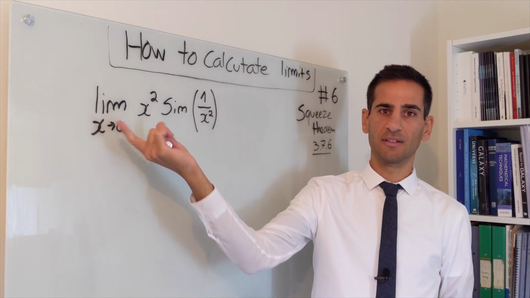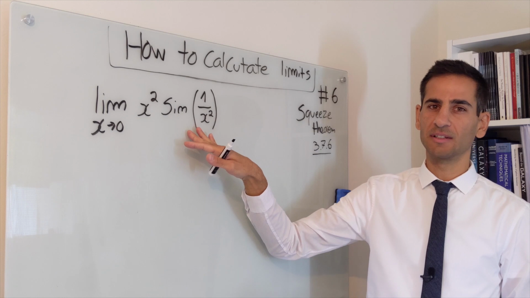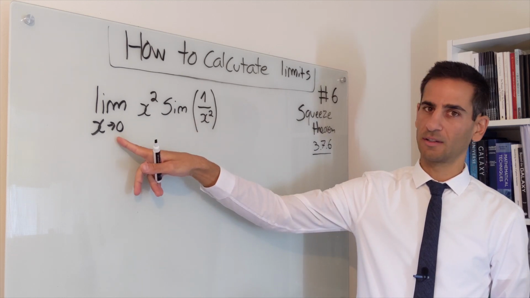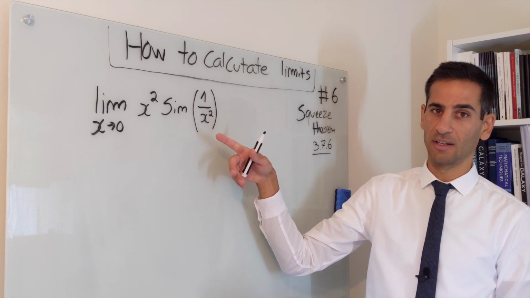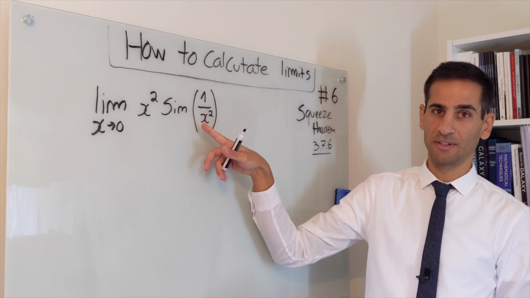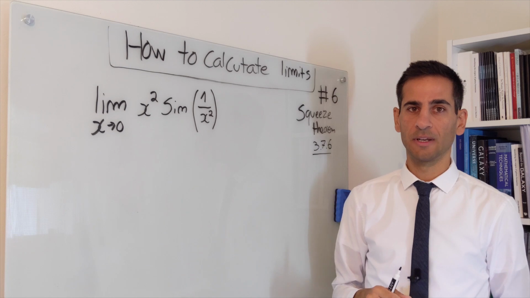This limit exists, it goes to 0, but this part is actually meaningless. That is because when x goes to 0, the inner part of the sine goes to infinity, and sine of infinity has no meaning. So we do have a problem here.